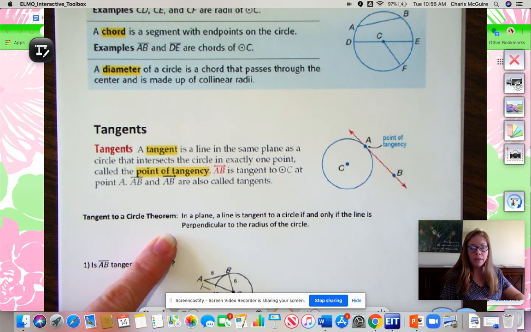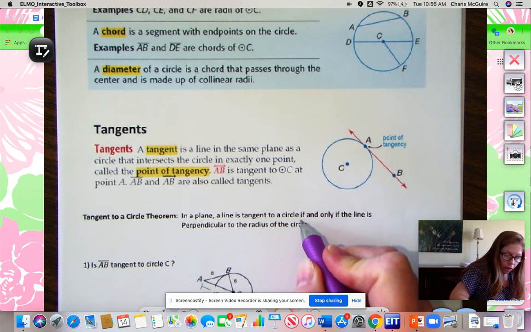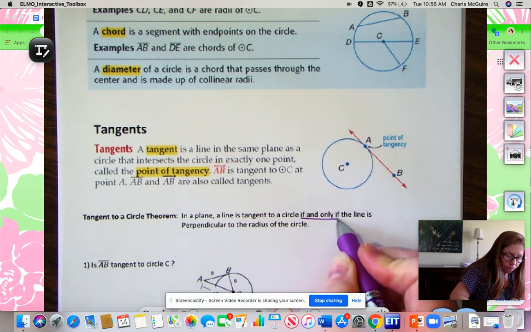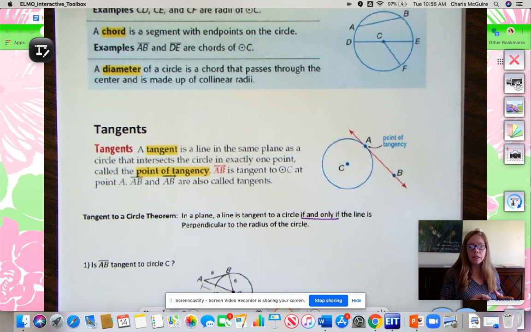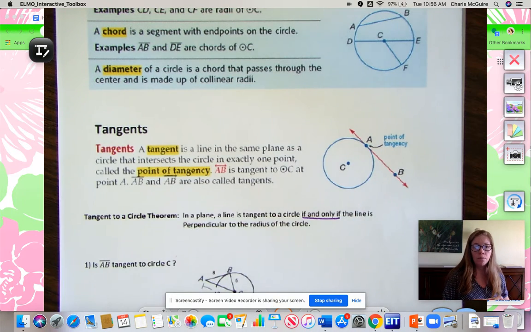You should notice that biconditional wording, if and only if. That means that there is the original conditional statement and the converse is going to be true all the time. We're going to use this picture in the notes to demonstrate what this theorem is talking about.